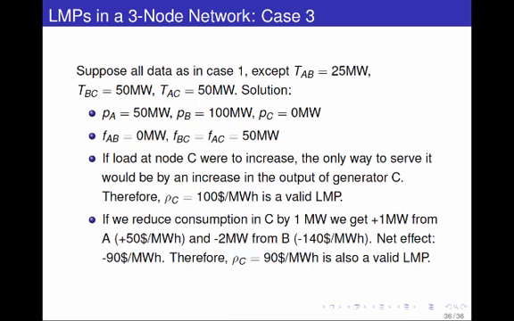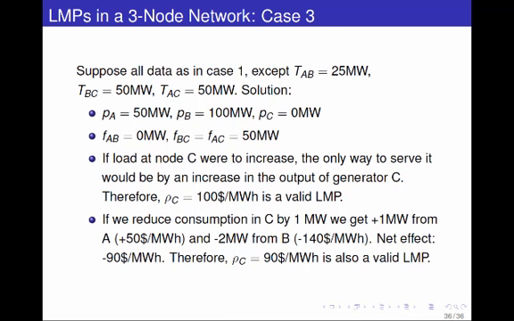But the other way to think of sensitivity is how much cost I'm saving if I decrease demand in area C by 1 megawatt. And in that case, what happens is the best way to respond is by moving your cheapest generator up and decreasing 2 megawatts from generator B. So here you're incurring an extra cost of 50, you're saving 140, so the decrease in cost is 90.